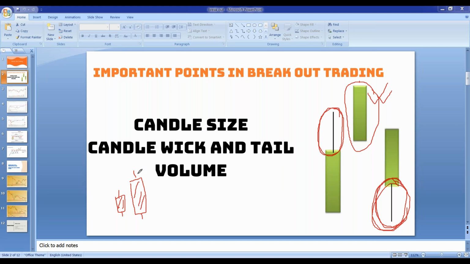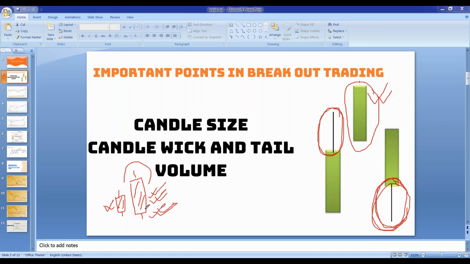When you compare the force, with what force the breakout or breakdown has happened, when this type of candle is formed, we will say that the force of the selling is on the higher side. And when this type of candle is formed, we will say that although the force is there, if you compare these two, this is one of the most preferable things to do.